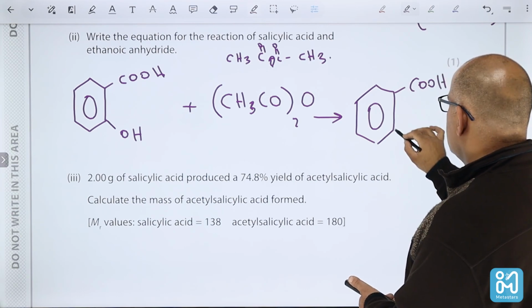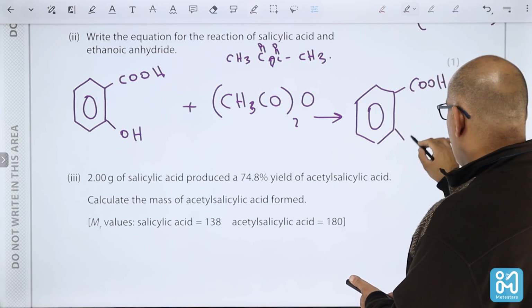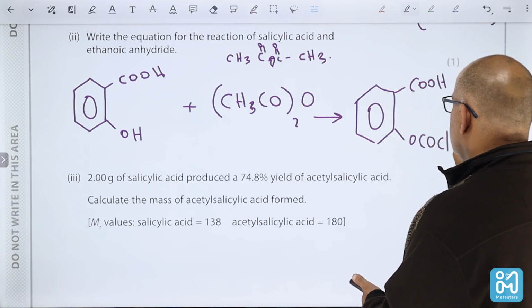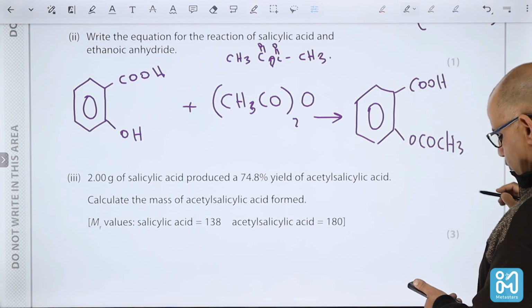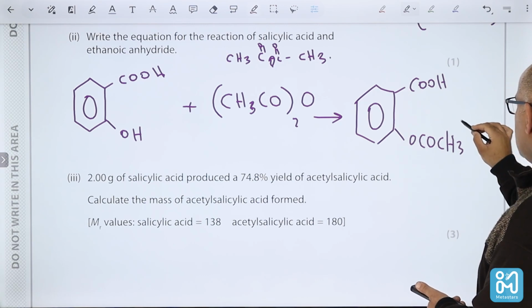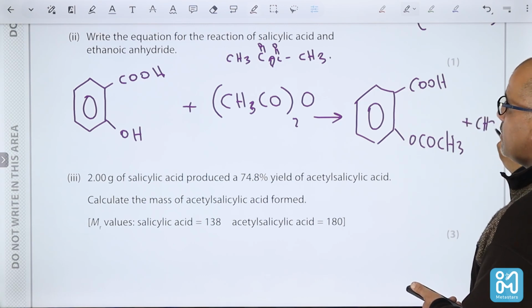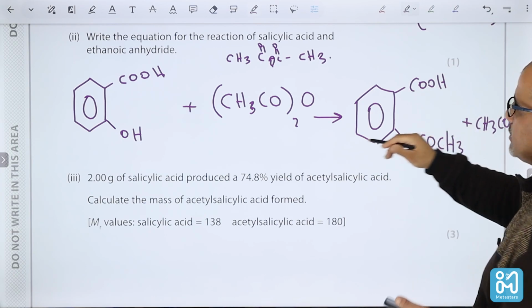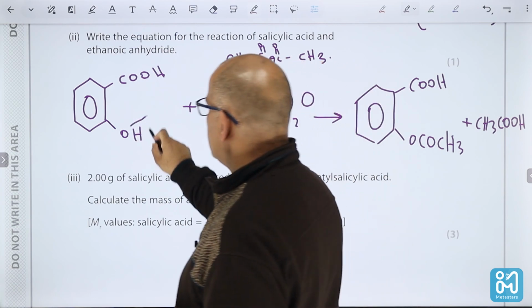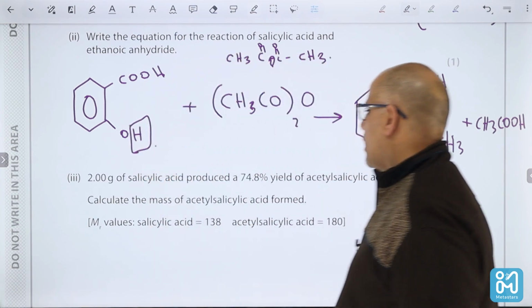And here this will react with OCOCH3, and the second part will be CH3COOH, which is given from the alcoholic part.